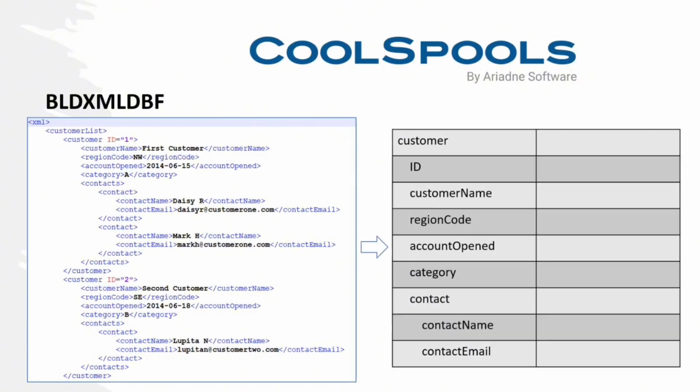When we run BLDXMLDBF, that will create the map with the customer ID, customer name, contact and contact name elements, but without any mapping to our IBM i database.